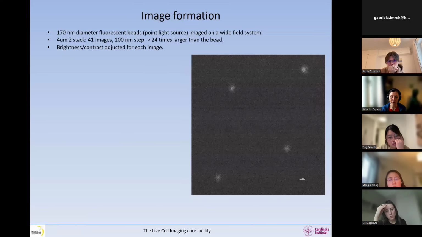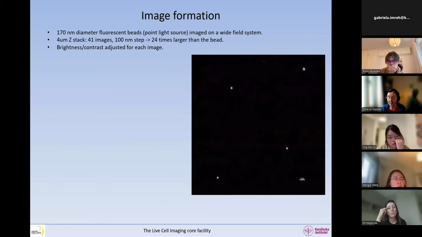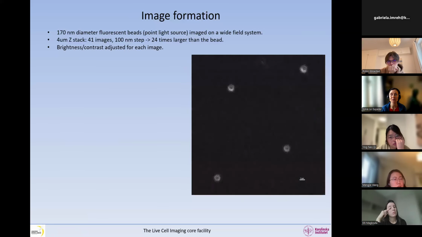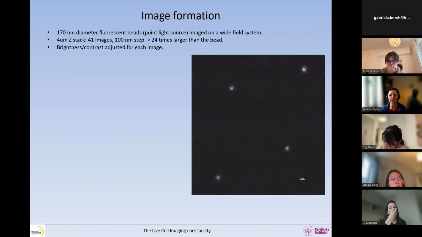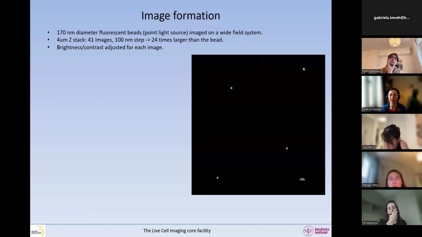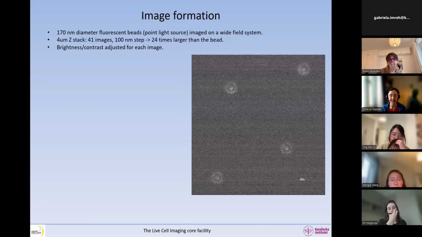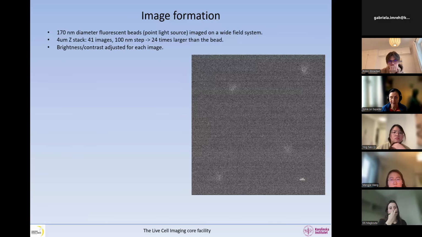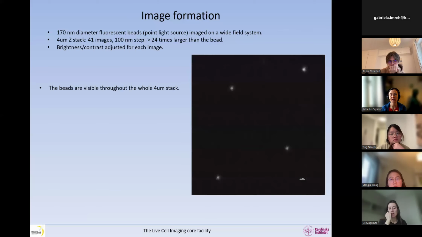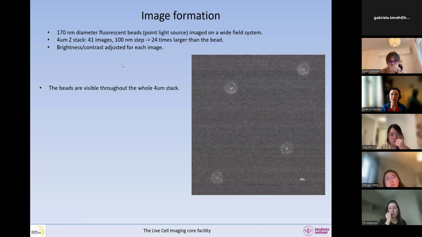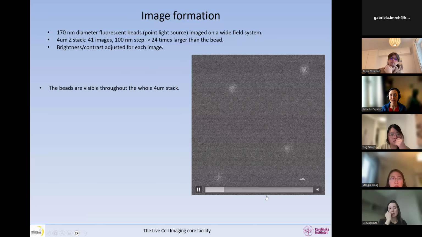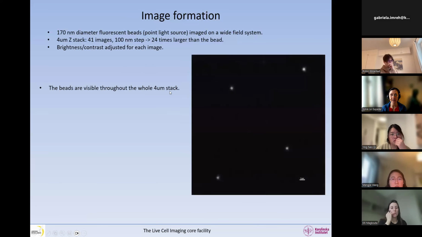So the point spread function is something that you can actually see in the macroscope, because this is what we are imaging, okay? This is the shape of the image that our microscope creates from a very tiny light source. So the beads are visible throughout the whole 4-micron Z stack, even though the Z stack is so much larger.